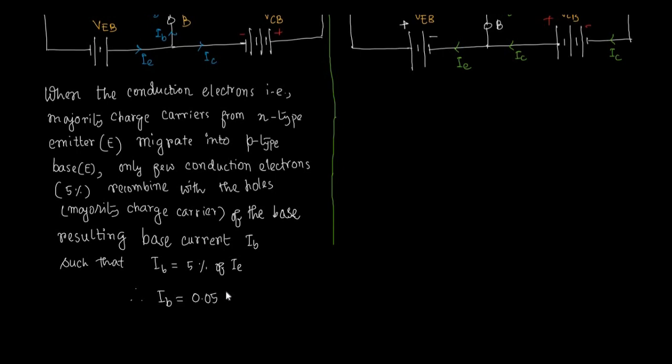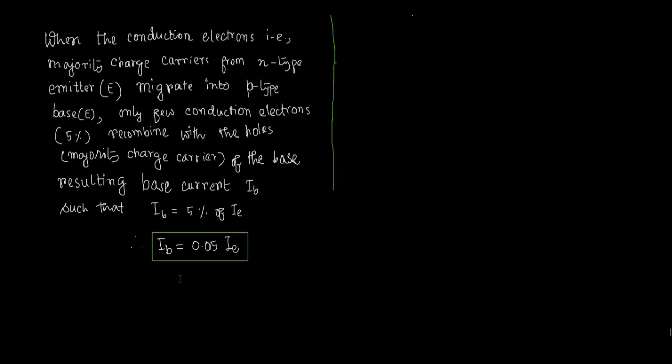Therefore, IB is equal to 0.05 times IE, where IE is the emitter current.